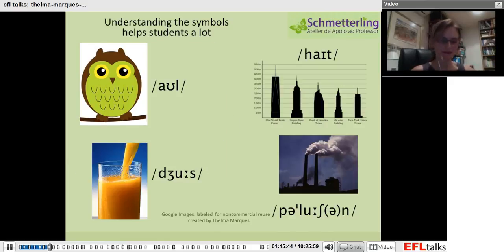If you use visuals to teach vocabulary, why not take full advantage of the symbols of the phonemic chart to help students pronounce a word correctly? For instance, try to read these words here. Did the symbols help you?